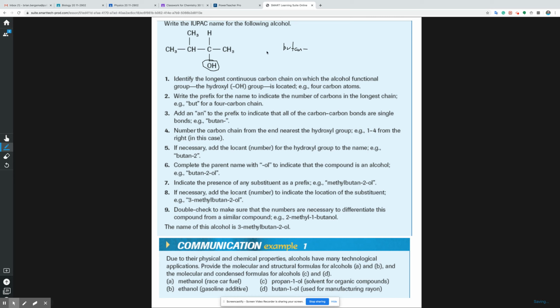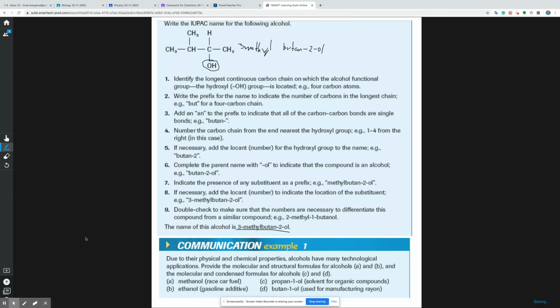So butan, it's coming off the second carbon, so 2, and then ol. Butan-2-ol. Now we have a methyl group, so we add that in, so 3-methyl. Butan-2-ol.